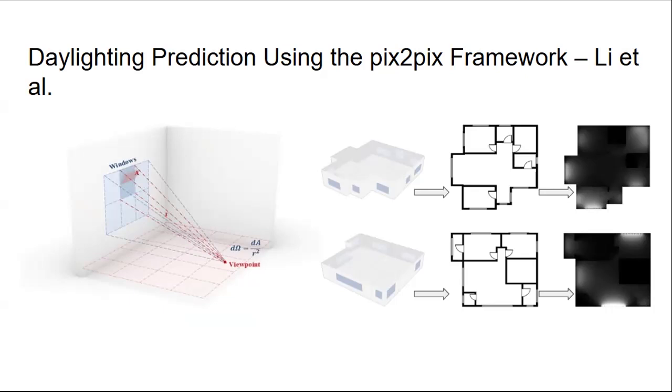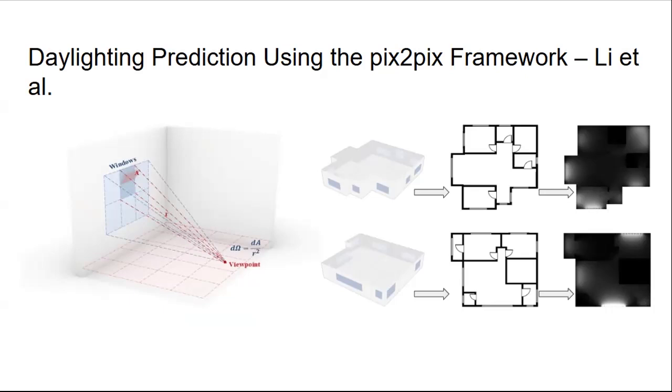Now let's look at Lee's research, which introduced a multi-model approach to daylighting prediction. One of the key strengths of this research is its use of multi-model inputs. Lee's team contributed a method that combined both 2D tensors, which represent the locations and shapes of the windows, and 1D tensors, which capture additional information like surface reflectance, window transmittance, and environmental conditions like solar radiation, into their model.